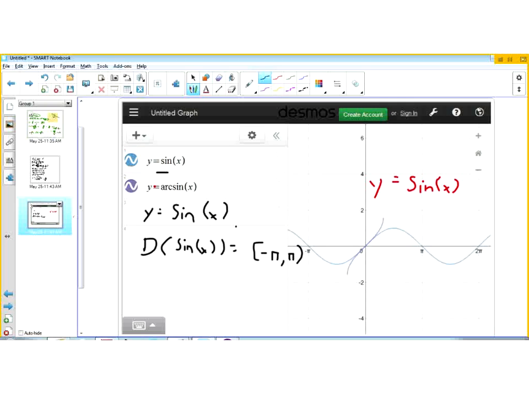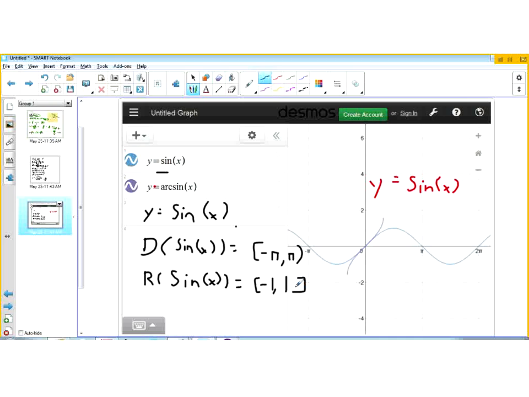So this makes it 1 to 1. And then the range of principal sine x is equal to -1 to 1. All right, so we have that result.